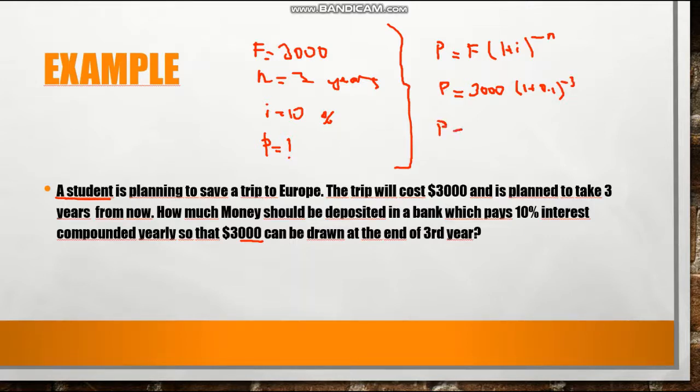So if we calculate 3,000 multiplied by 1.1 power of minus 3, it is around $2,253.9.